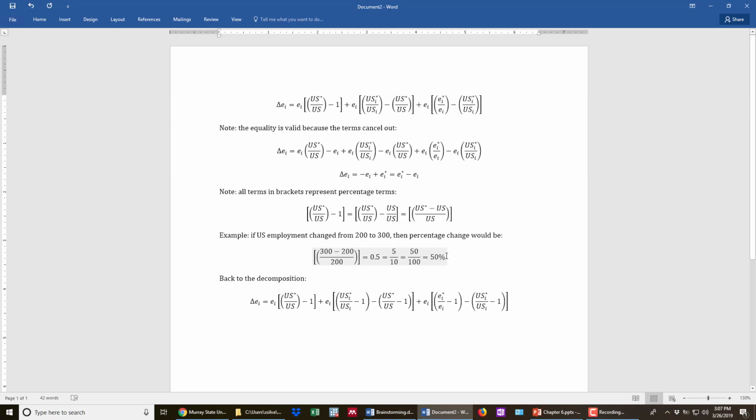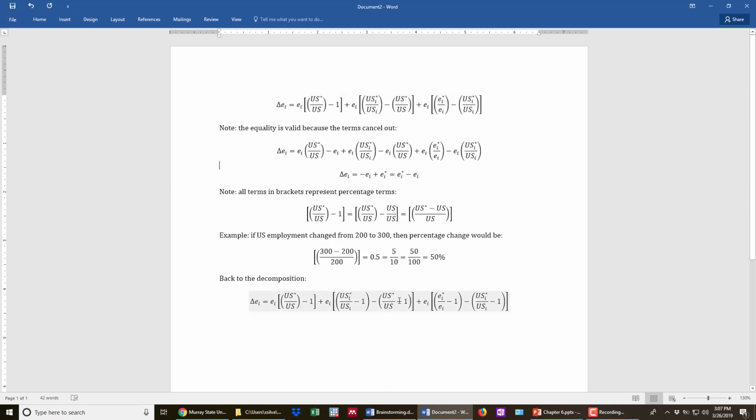Those three numbers here are all the same. You're just expressing the same thing in different notations. 0.5 is the same as 50%. So this term in here is a percentage change. That's the percentage change in overall employment in US.